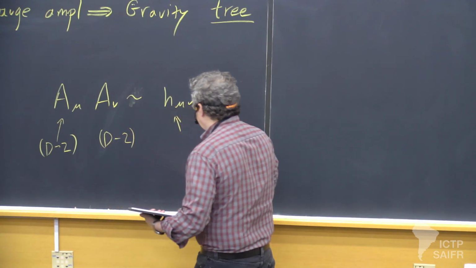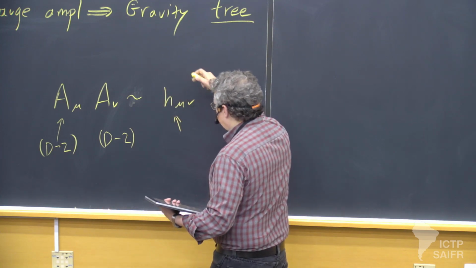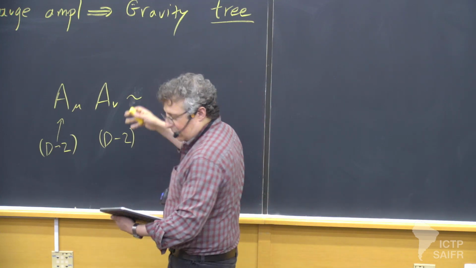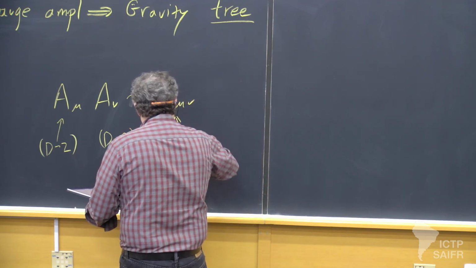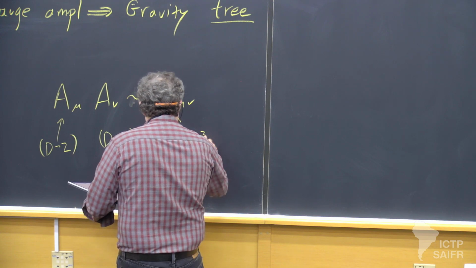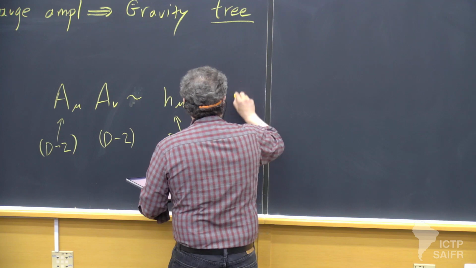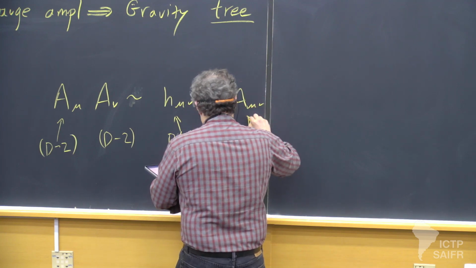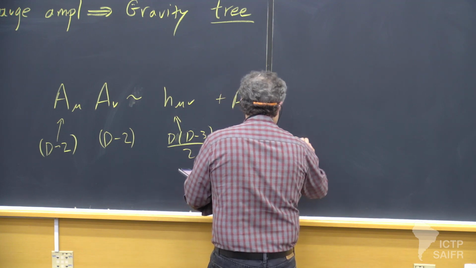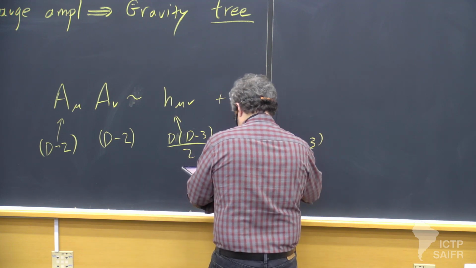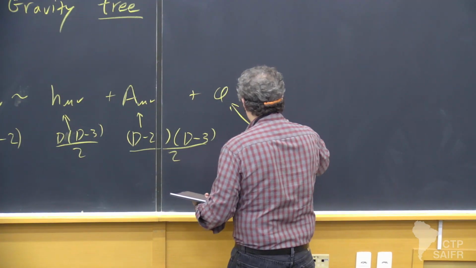If you count the number of states in a traceless symmetric tensor, using the little group, the number of states is d times (d minus 3) over 2. And then there's an anti-symmetric tensor, and the number of states is (d minus 2)(d minus 3), divided by 2, and then there's one left over. That's the dilaton.